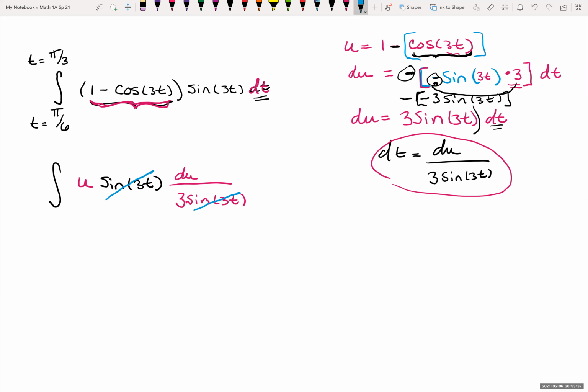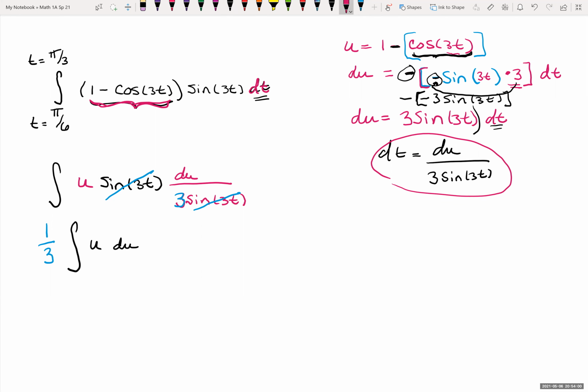So we can pull out, if we wanted to, a 1/3 in front of our integral of u du.